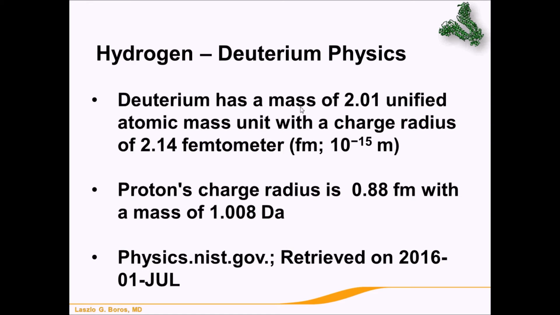Deuterium has a mass of 2.1 unified atomic mass units with a charge radius of 2.1 femtometers. It's 10 to the minus 15 meter. The proton's charge radius is only 0.88 femtometer, and the mass is only 1 dalton.